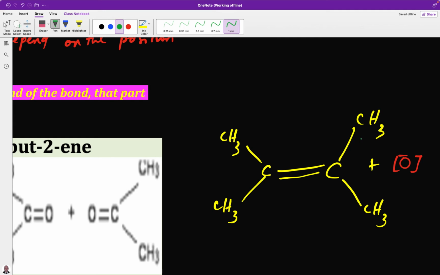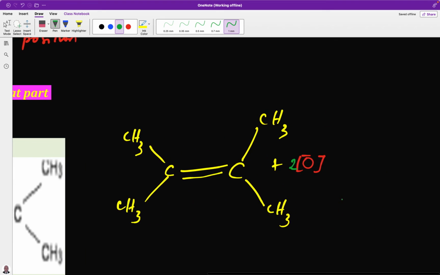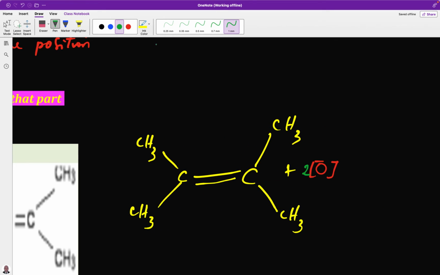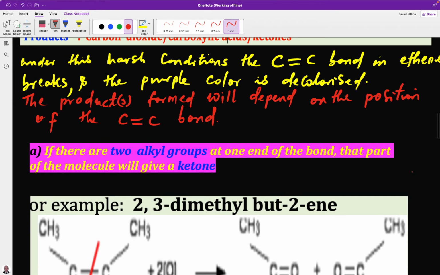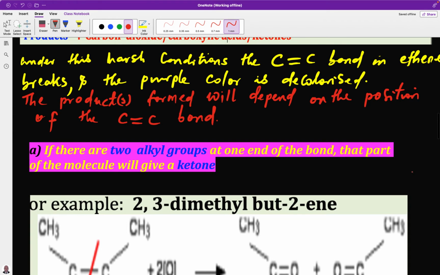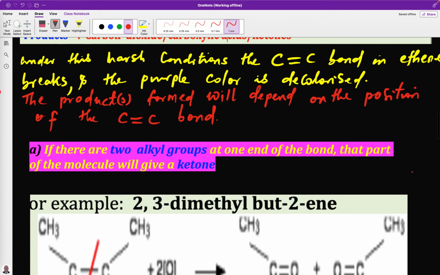It's an oxidation reaction. So what would be the product in this case? I said if there are two alkyl groups at one end of the bond, the alkyl group could be a methyl group, it could be an ethyl group at one end of the bond. That part of the molecule will give a ketone.